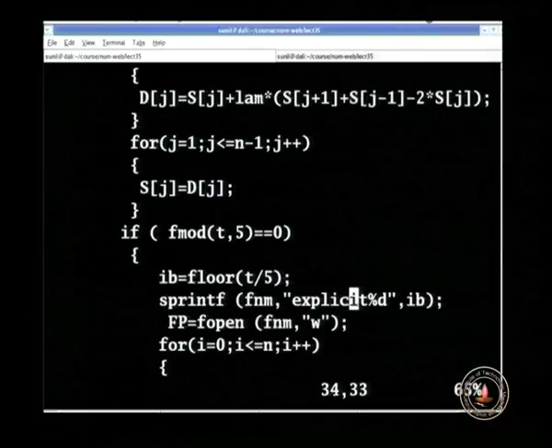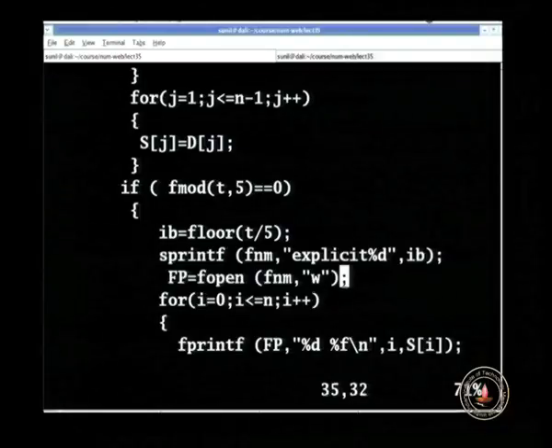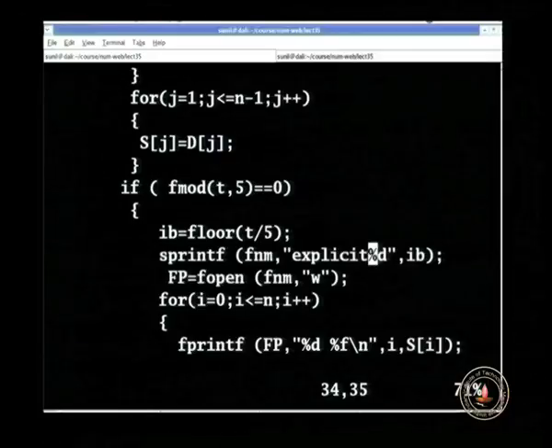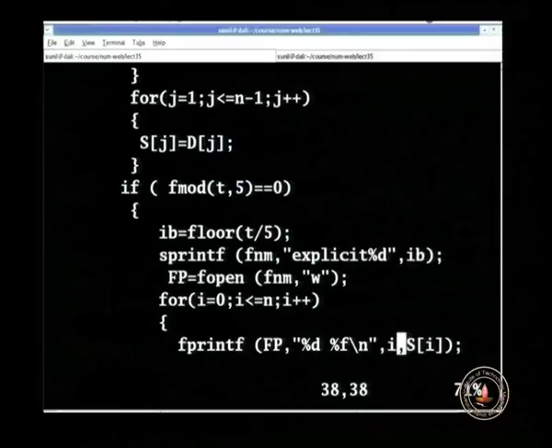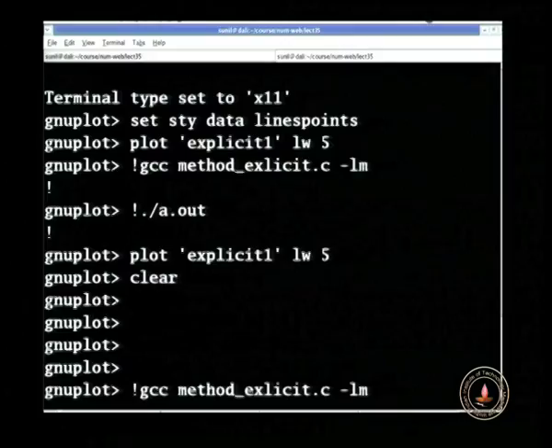So every 5 time steps it will store the temperature into a file whose name is generated as explicit 1, explicit 2, etc. It stores the temperature and the L value, or I value in this case, which corresponds to discrete points along the rod.